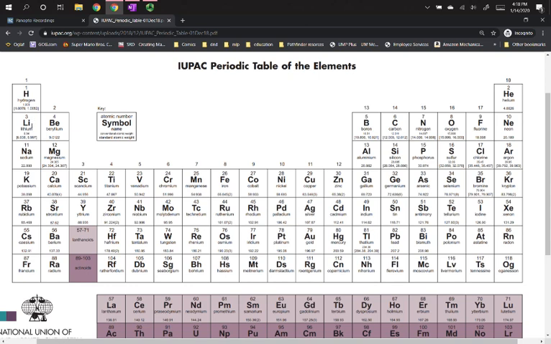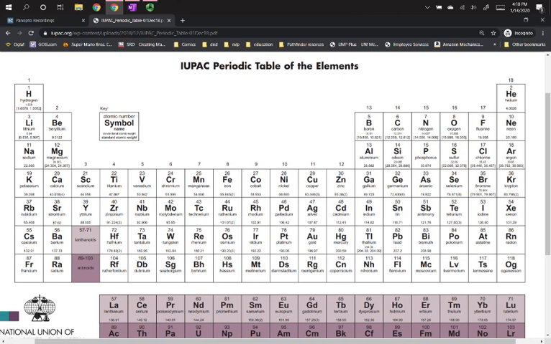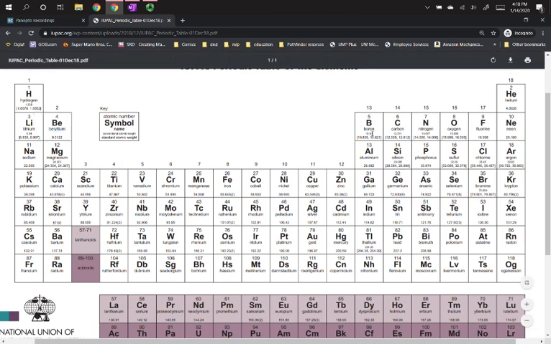If we look at number 3 over here, lithium. Let's see if I can highlight it there. Nope, won't let me do it. Lithium is the third element, it has 3 protons. Beryllium is the 4th element, it has 4. Boron is the 5th element, it has 5, and so on.